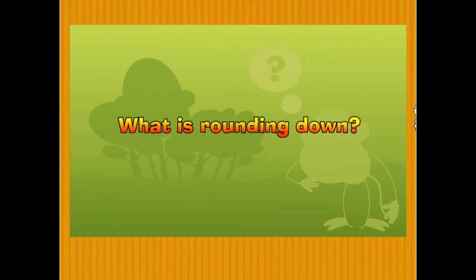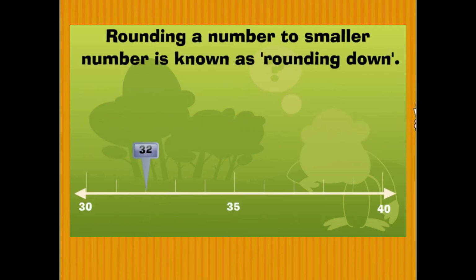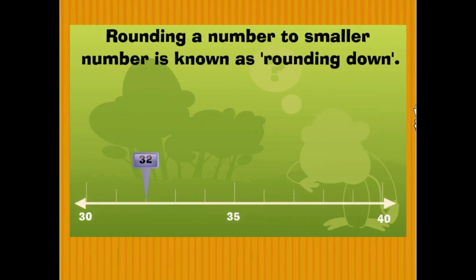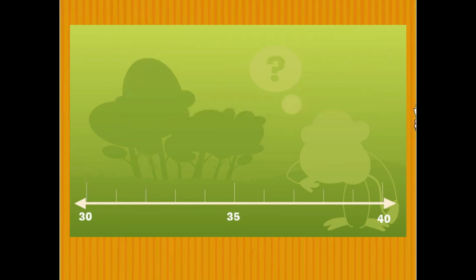What is rounding down? Rounding a number to a smaller number is known as rounding down. For example, rounding off 32 to the nearest tens gives us 30. This is known as rounding down. What about 5? Is it rounded up or down?